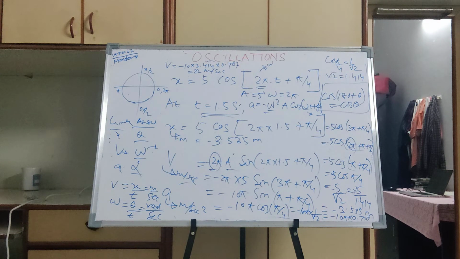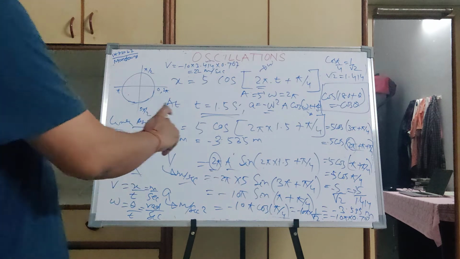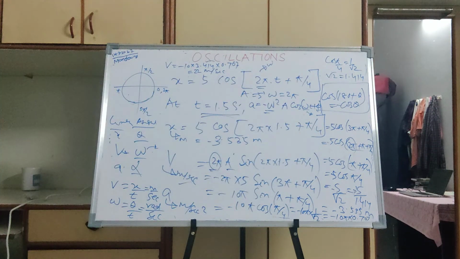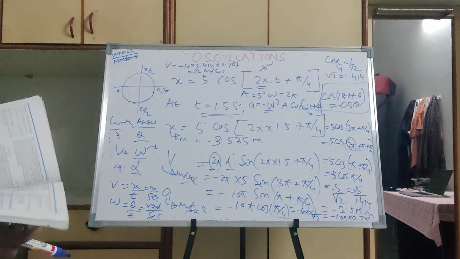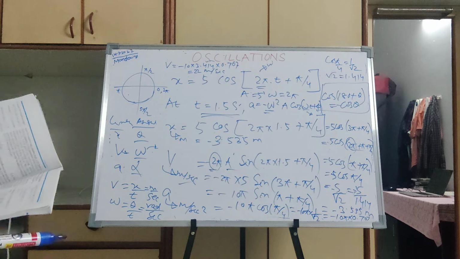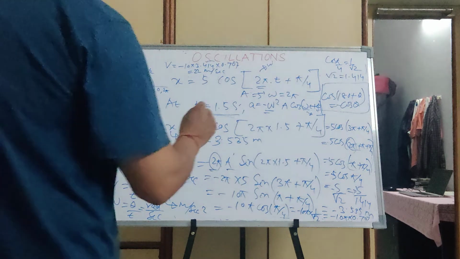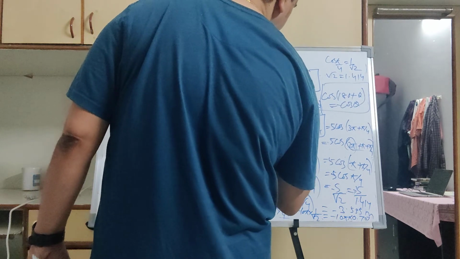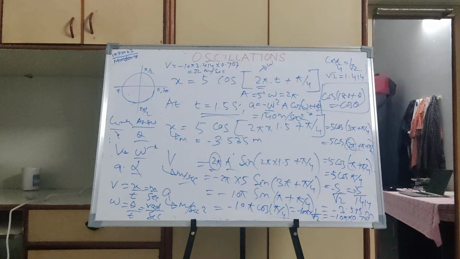This is the homework for you. You have to do it and show it to me. You will get the acceleration to be 140 meter per second square. You will show me how you got 140 meter per second square.